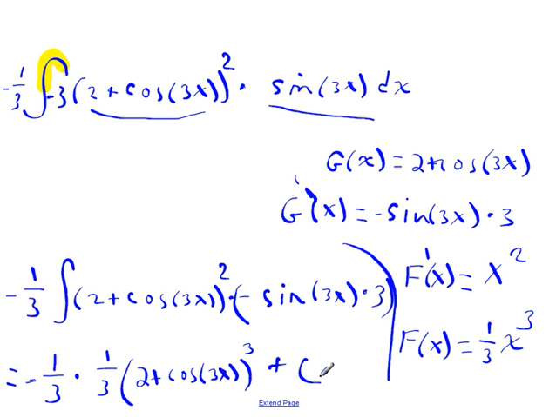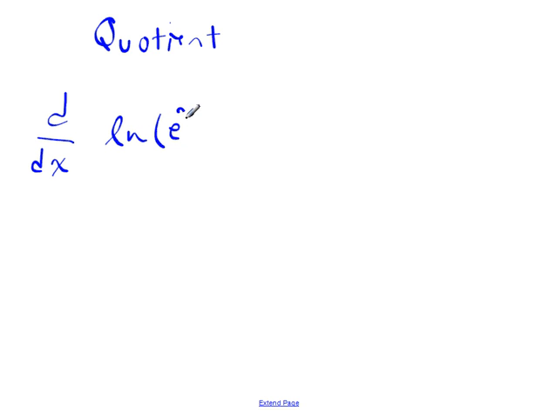All right, so this is about as hard as it will get for now. The other type of problem that we need to look at, though, is when we have a quotient. And before we get into the integral, let's think about what is the derivative of ln of e to the x plus sine x.